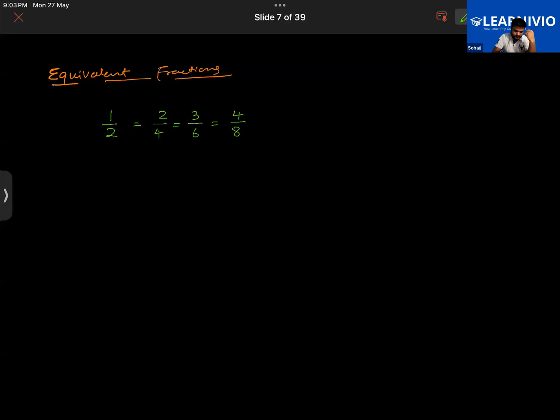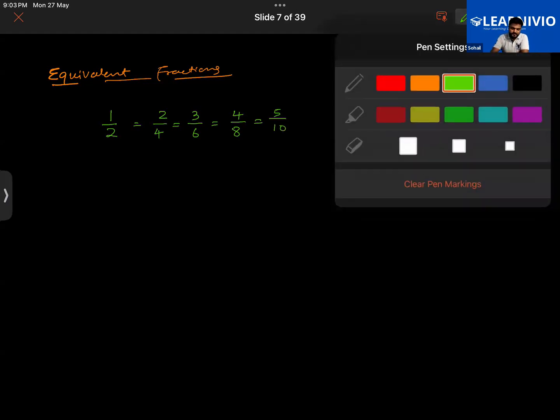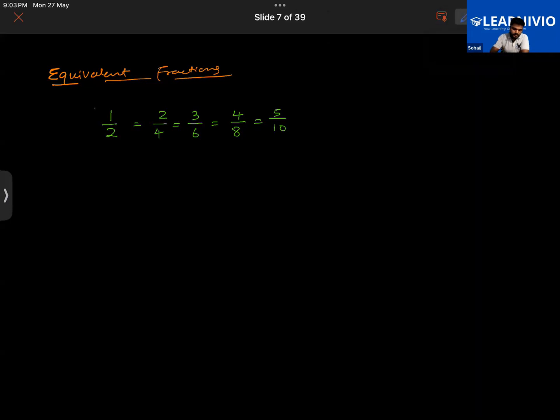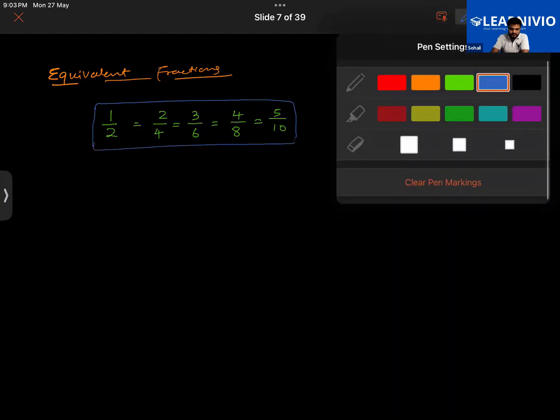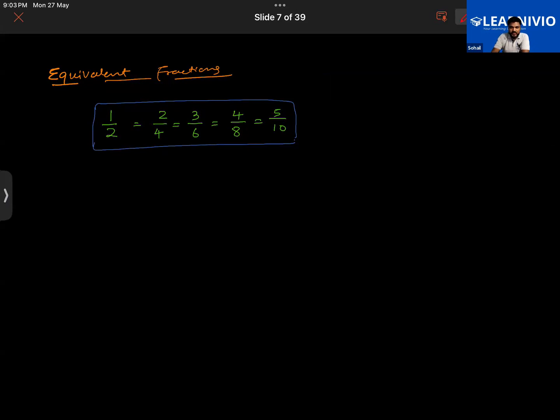Equivalent fractions is like your fraction, but you double it. Like 1 upon 2 plus 1 upon 2 equals 2 upon 4. Okay, you're a little bit close to explaining it.